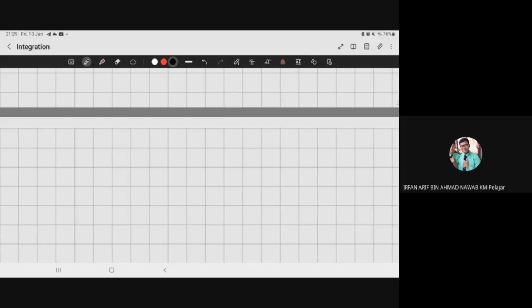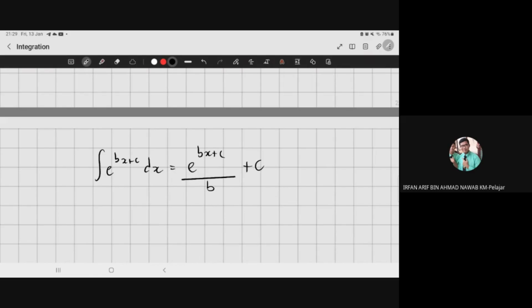From here, they're given e to the power of bx plus c. So the integral of e to the power of bx plus c dx is equal to e to the power of bx plus c over b, plus c.